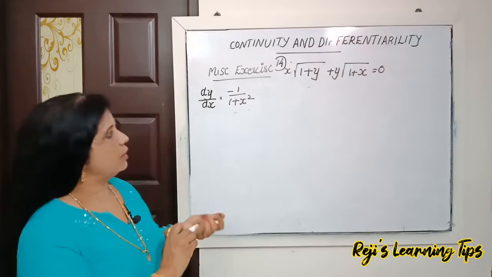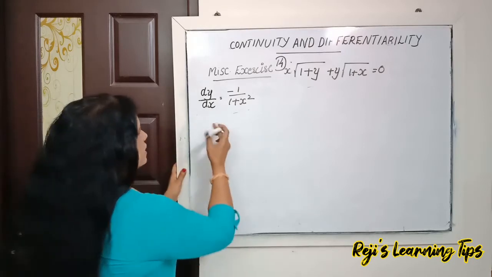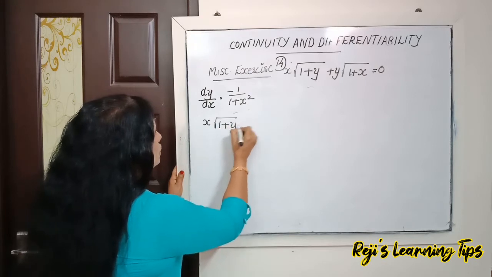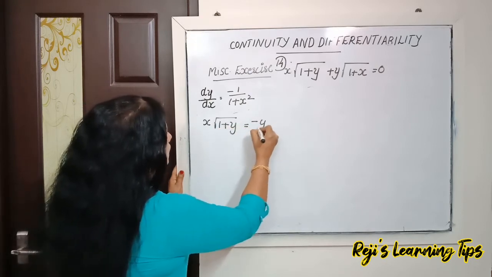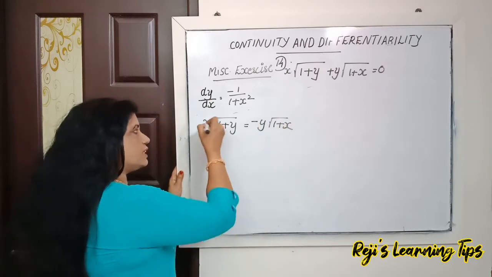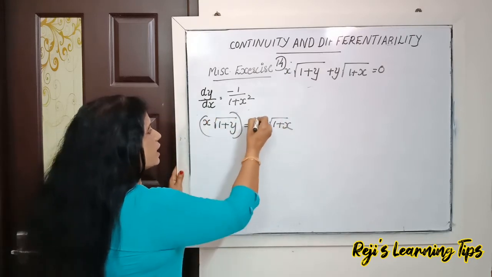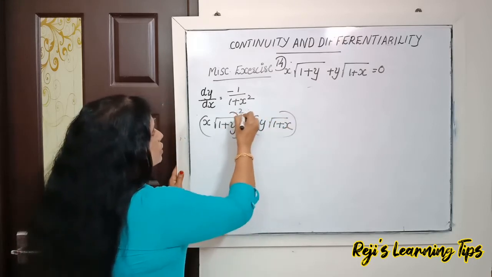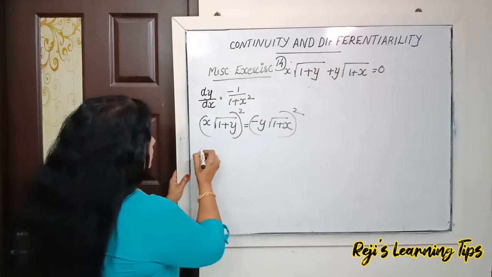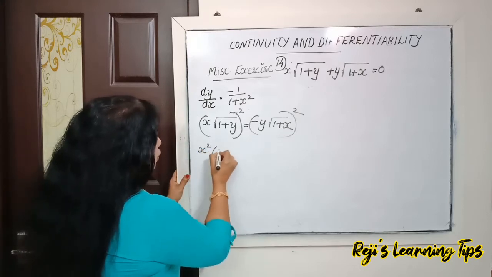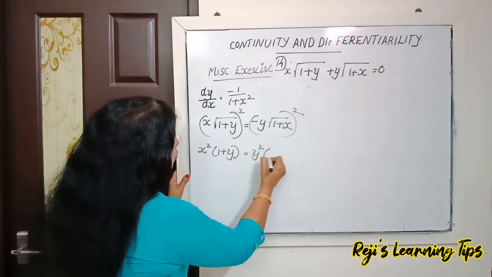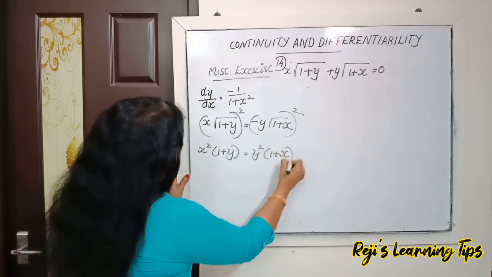Are you ready? Okay, then we can write here x into root of 1 plus y is equal to minus y into root of 1 plus x. So for removing the square root, we can square on both sides. Then we will get x square into 1 plus y is equal to y square into 1 plus x.